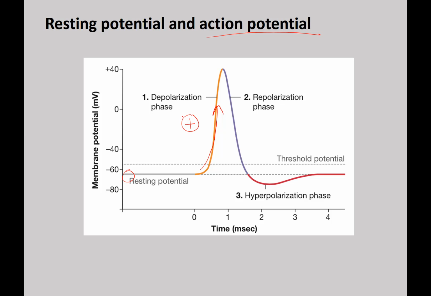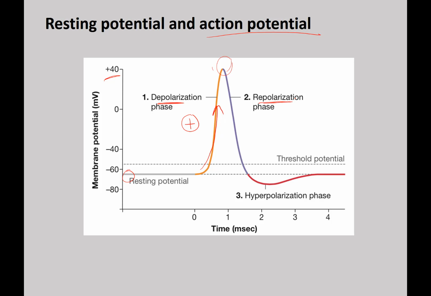So the membrane potential becomes positive, and this is called depolarization. Polar remembers opposite, so now we're going from negative to positive. There's a peak here, and we'll talk about why it peaks out.